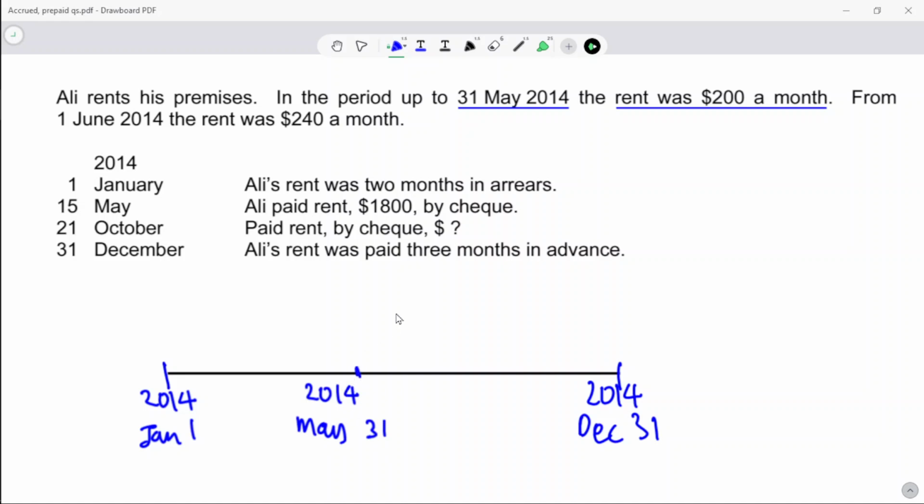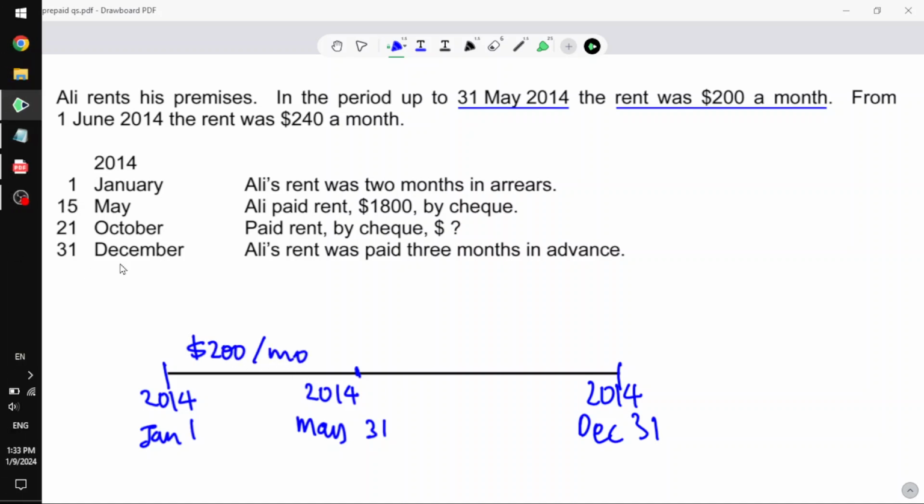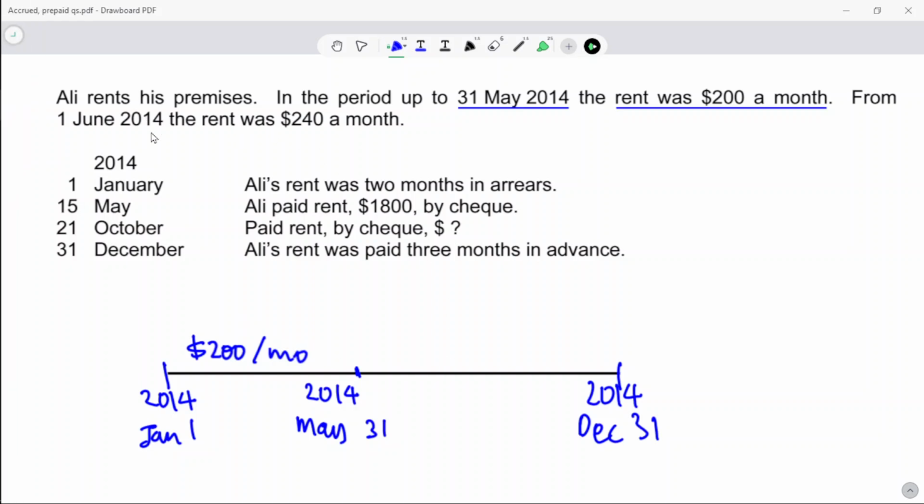So here to here the rent will be 200 per month. Then after that the rent increases to 240 per month.